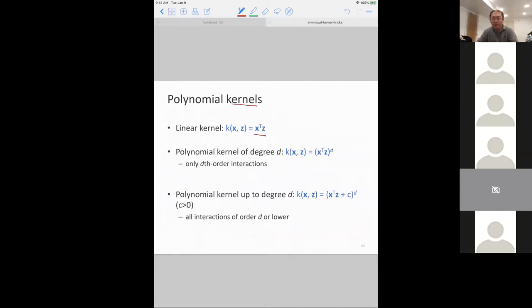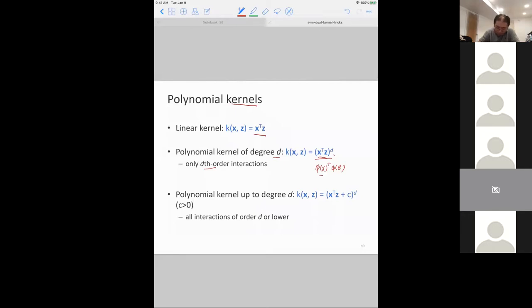But then we can easily extend this linear kernel to a polynomial kernel of degree d. That means I first compute the inner product between x and z and take the power of d. So if you expand this kernel function value and try to find the corresponding feature mapping, you'll find that this feature mapping contains all the degree d order interactions between the terms.